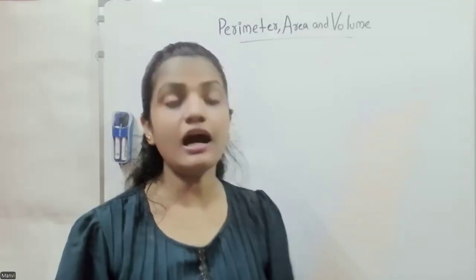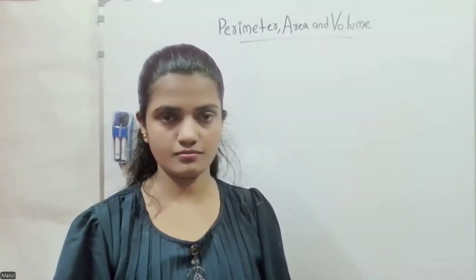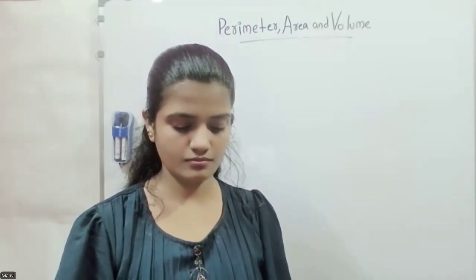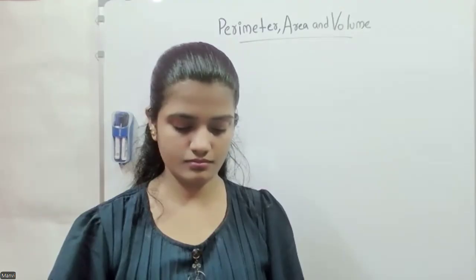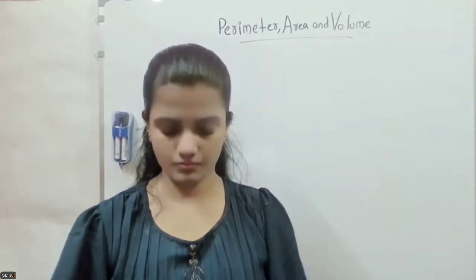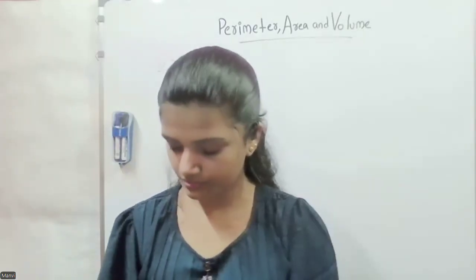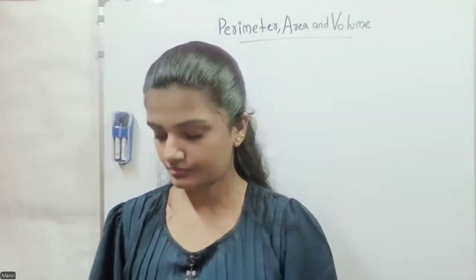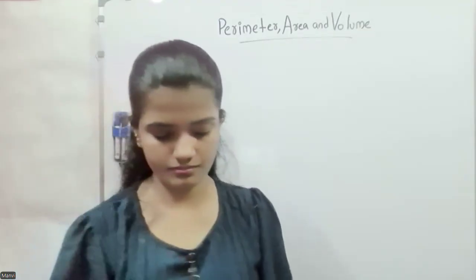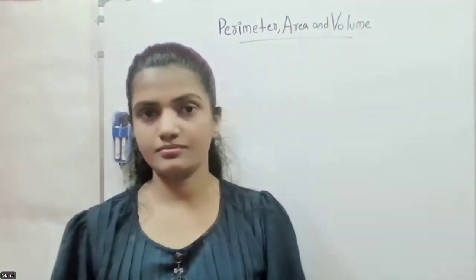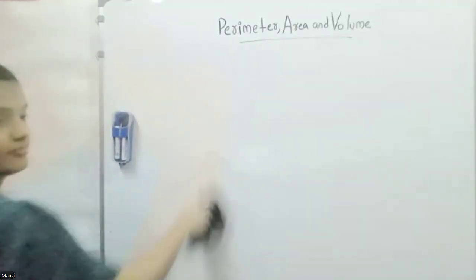Half times the sum of top and bottom, times height. Five. Is it 20?